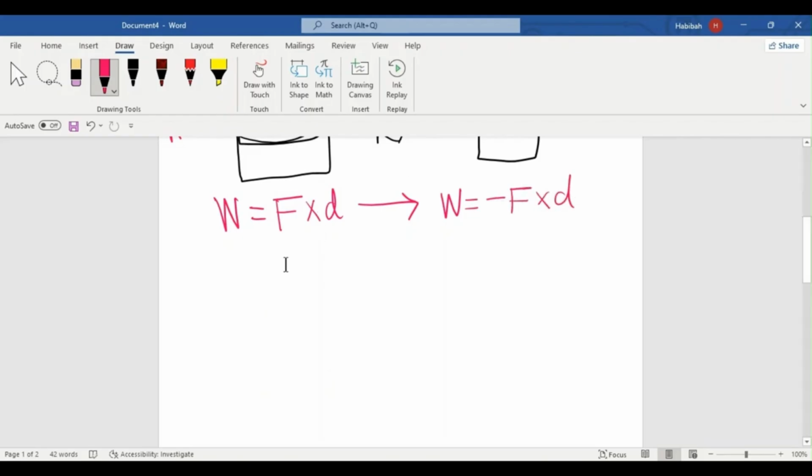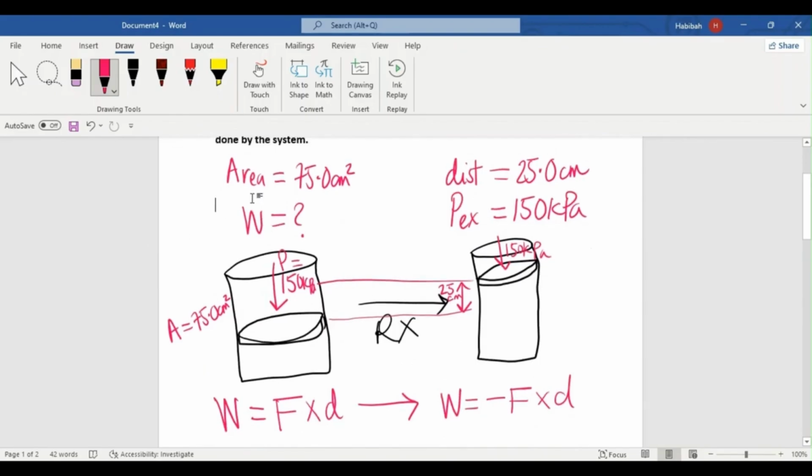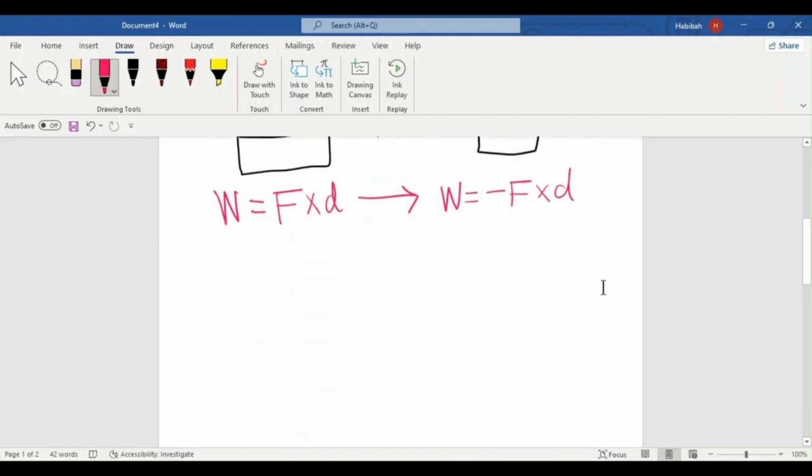Now you can see that from our information, we're never given the value for force. We're only given the value for area and the value of distance. But from our fundamental understanding of chemistry, we know that pressure is force divided by area. Hence, when we solve this equation in terms of force, we end up with force equals pressure times area.